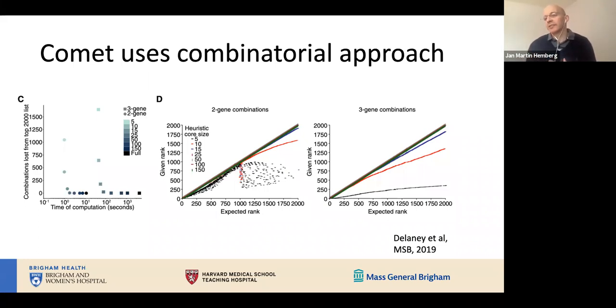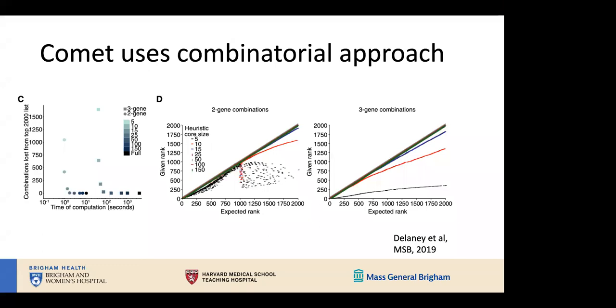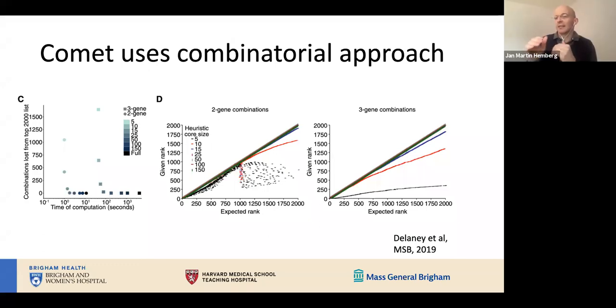Of course, there are on the order of 20,000 genes in the human and mouse genome, so looking at all combinations of pairs or triplets is not possible. So what they do is that they have a heuristic, which is quite straightforward. They rank the genes based on their marginal performance, and then they take the top of that list, and then they look at all combinations in the top, and that obviously saves them a lot of computational time, and it seems to be working very well in practice too.